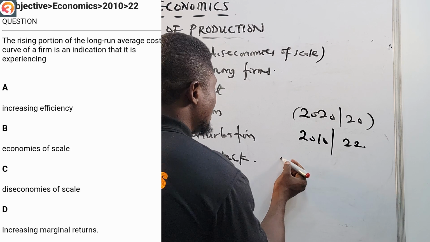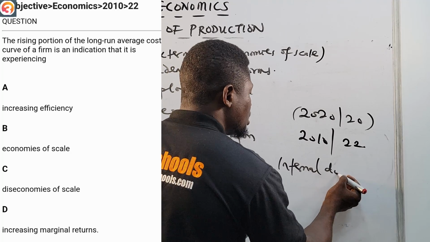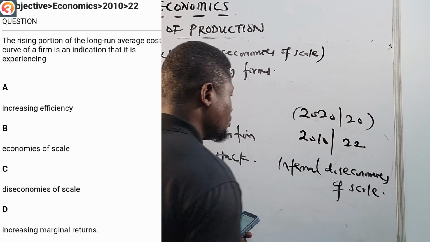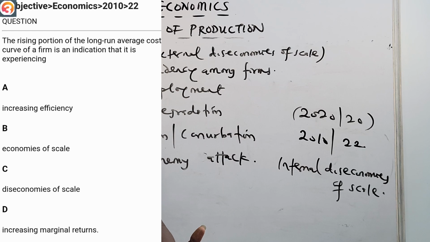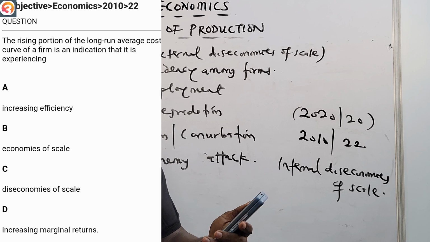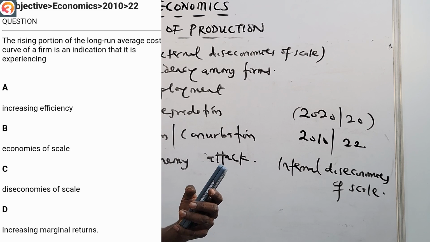That is what we call the internal diseconomies of scale. If they are enjoying advantages, the average cost should be decreasing, should be falling. But if it is increasing, that means they are not enjoying any advantage. So A says increasing efficiency, B says economies of scales, C says diseconomies of scales, D says increasing marginal returns. So pick the correct answer, put it there for me.